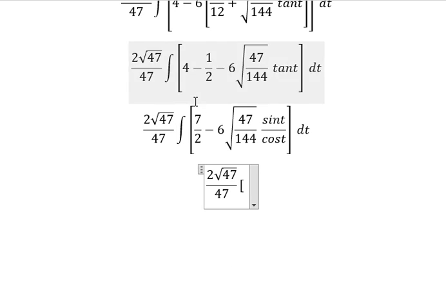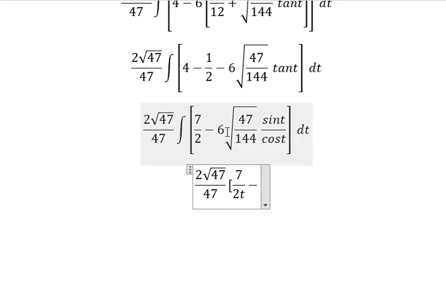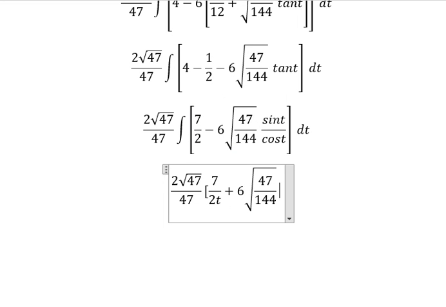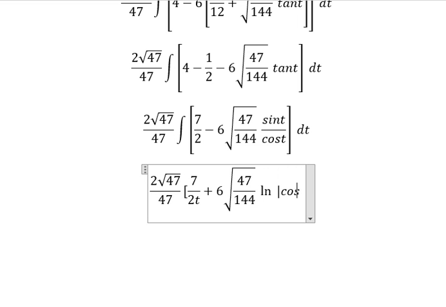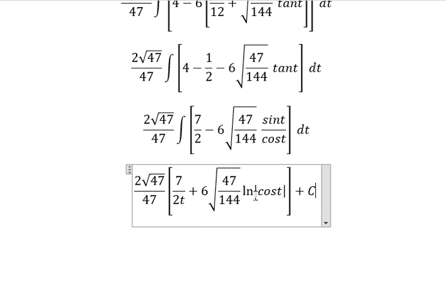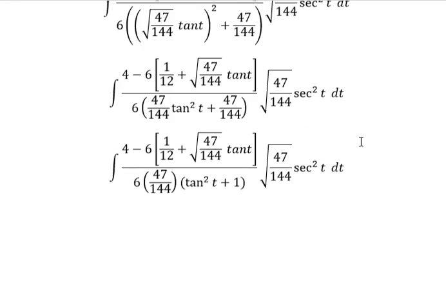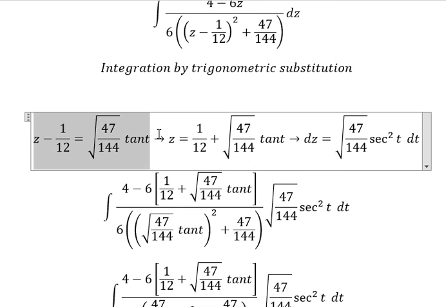The integration of 7 over 2, we have 7 over 2 t. The integration of this one with negative sin t over cosine t, we have positive this number in here, multiplied by ln of the absolute value of cosine t. And then I will put c. Now we go back in here. So we divide both sides by this one.